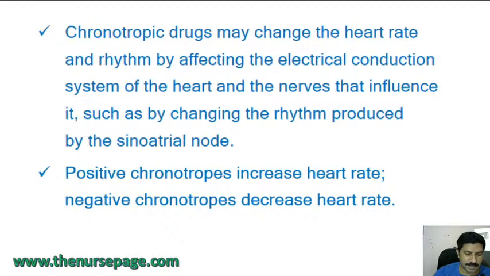Atropine is positive chronotrope. Amlodipine is an example of negative chronotrope. Okay, anyway, you are familiar with negative and positive chronotropes. Keep it up. Good work.